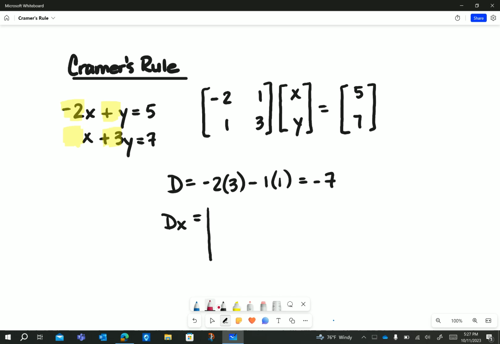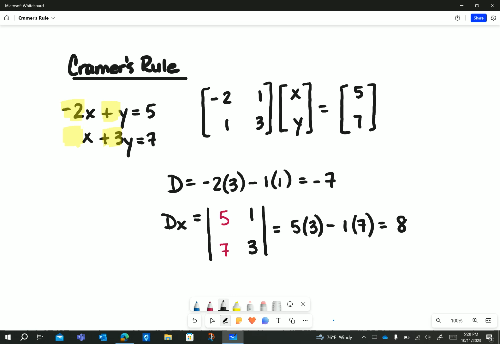The 5 and the 7 replace the coefficients of your x, and the y coefficients remain the same. Okay, so 5, 7, 1, 3.